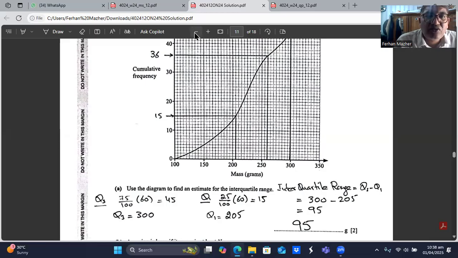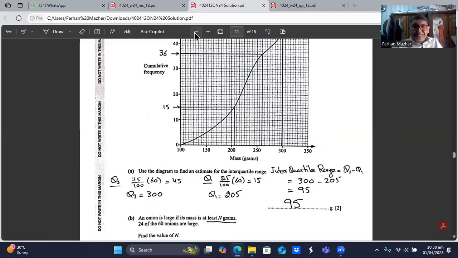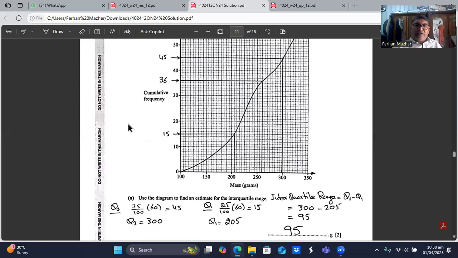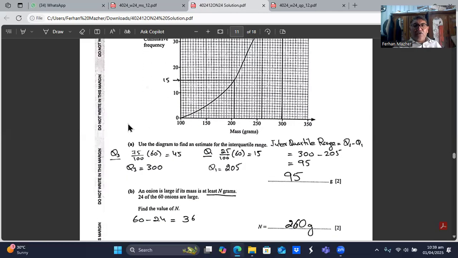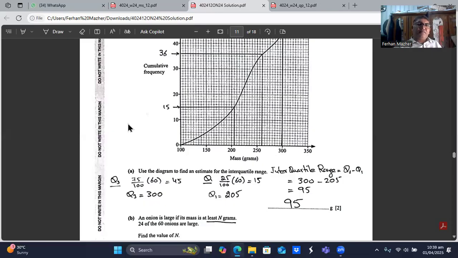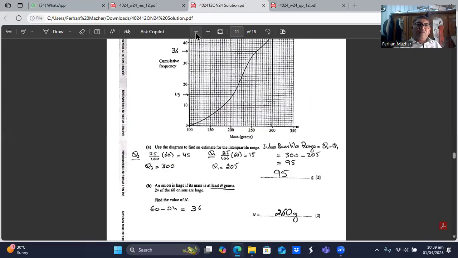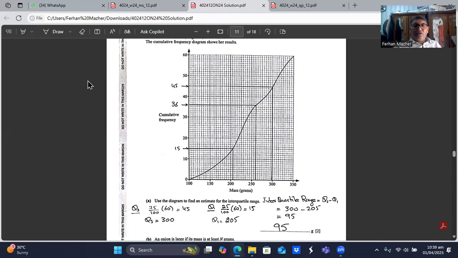So the interquartile range is 95. I hope you understand. I just wanted to show you the whole thing. So 95 is the interquartile range.